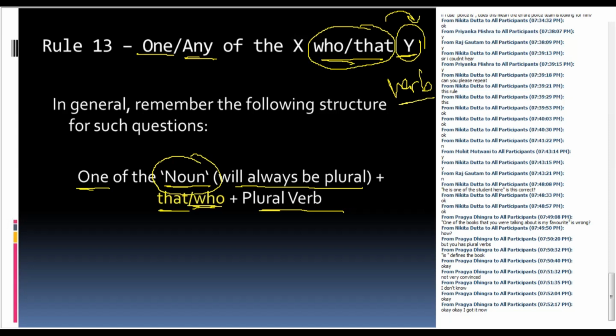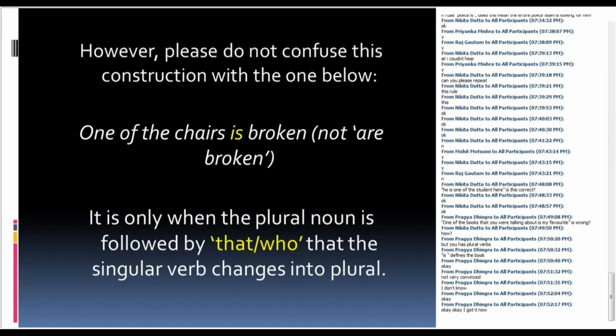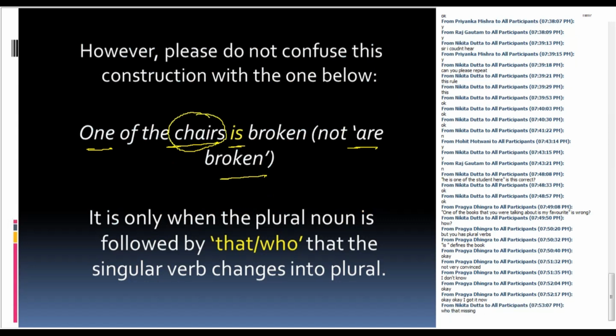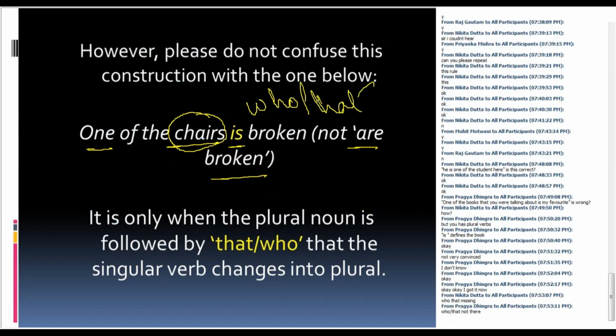Let us just see this. One of the chairs is broken. Why do I say is broken and not are broken? Because after the word chairs, we don't have the words who or that.